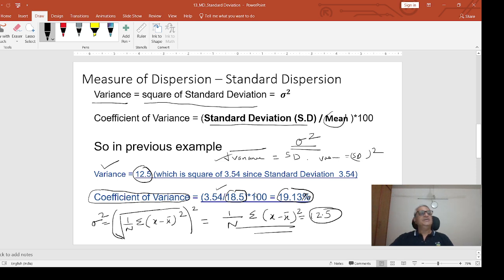So what will it be for 100? So for 100, it is 19.13. So my coefficient of variance is 19.13%. Okay, so we have seen how to calculate standard deviation. We have seen how to calculate variance and also coefficient of variance.